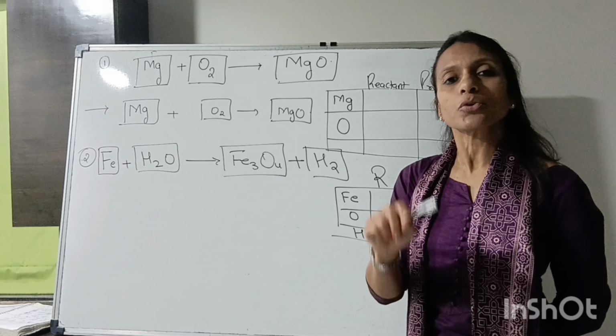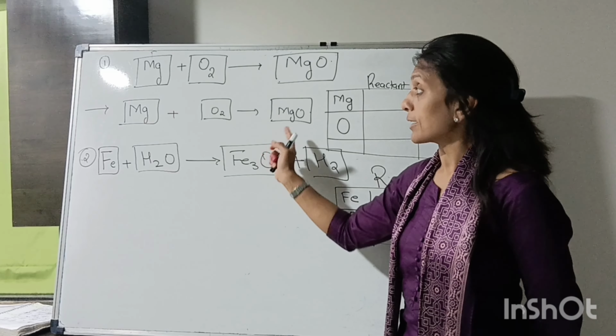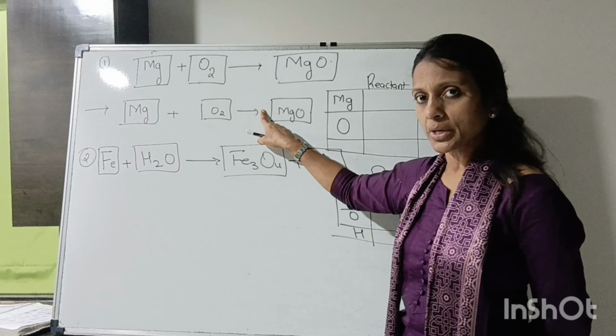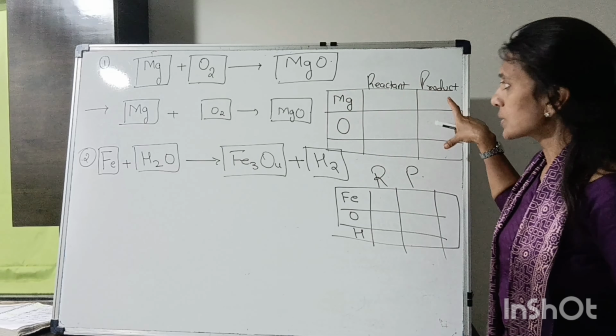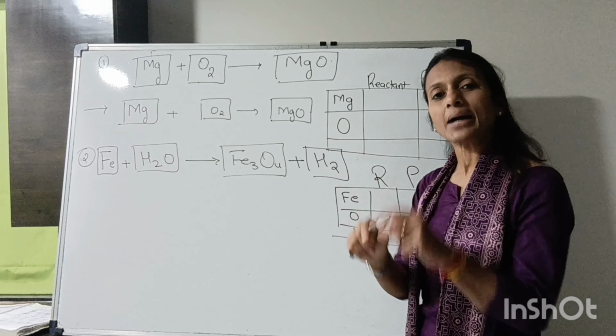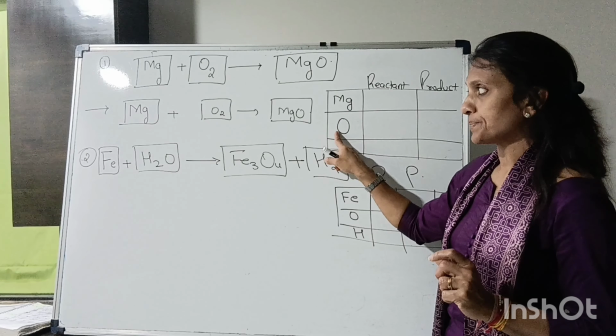While balancing, you are allowed to write a number only at the position before the name of the reactant or product. Okay. Now make a box and write the names of all the elements which are taking part in this chemical reaction, like magnesium and oxygen.